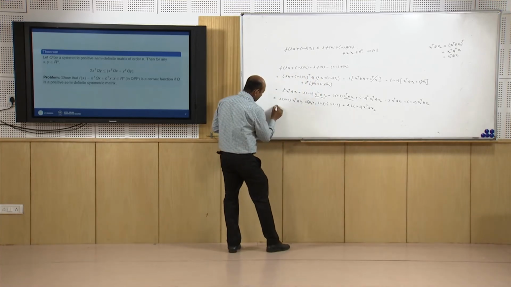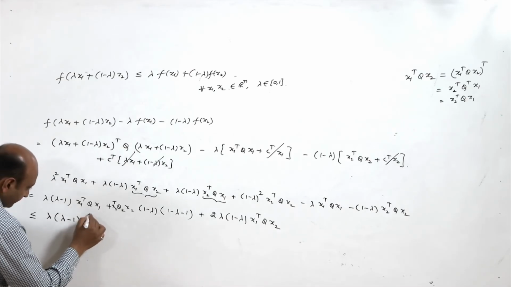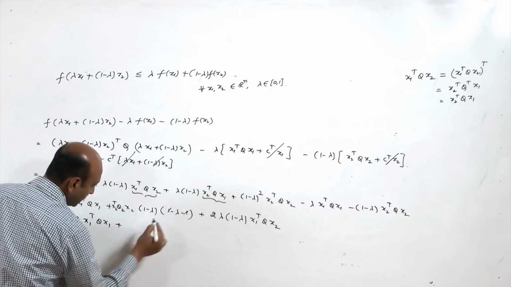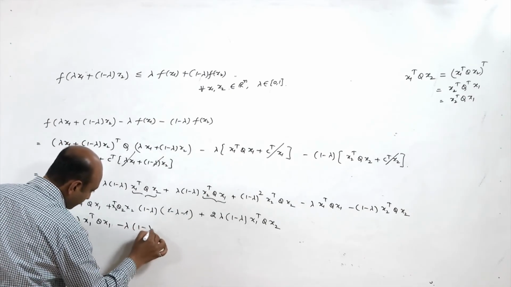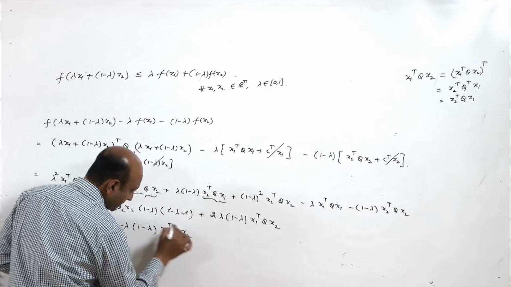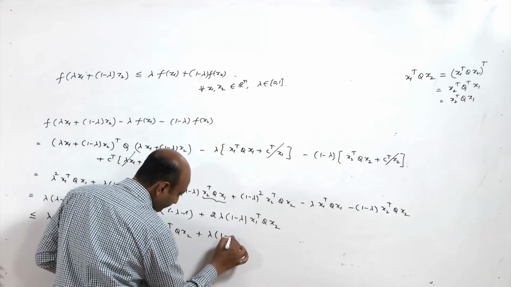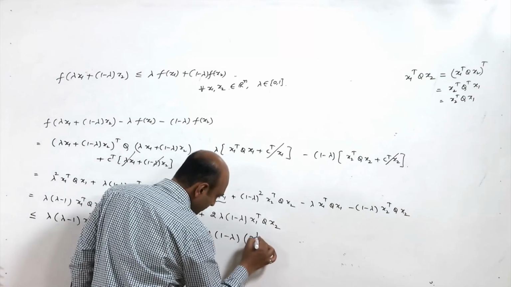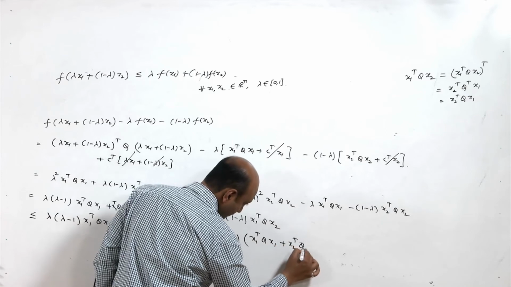So, this will be less than or equal to, this will remain as it is, and again 1 cancels out and it is minus lambda into 1 minus lambda x2 transpose Q x2, and it is less than or equal to 2 times this, which is less than or equal to x1 transpose Qx1 plus x2 transpose Qx2.